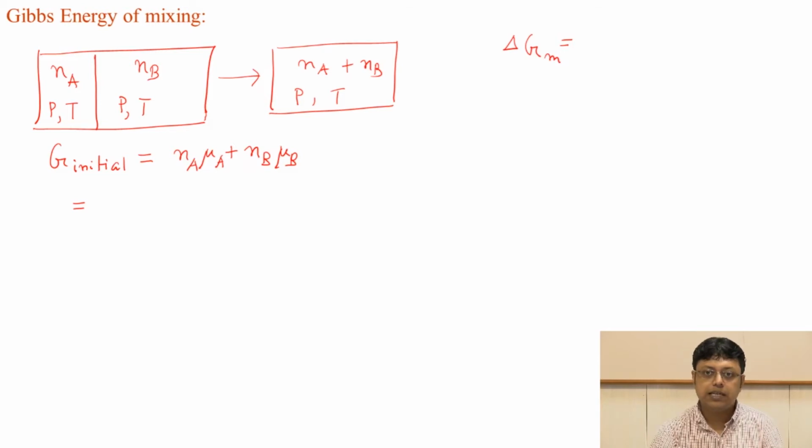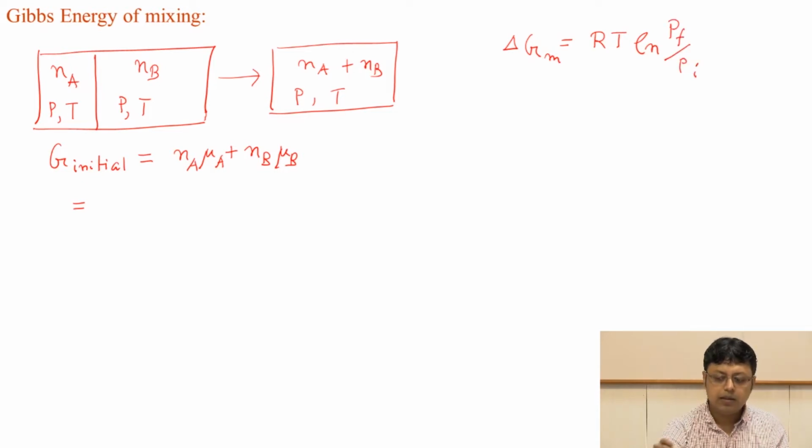When we discussed the changes of Gibbs free energy as a function of pressure and temperature, we got an equation where we used an ideal gas as an example, and you can easily show that it will be RT ln(P_f/P_i), because it is nothing but the VdP term, and this V you write in terms of nRT by P. If you divide both sides by n, this G becomes Gm, the molar Gibbs free energy, and if you integrate it, you easily get this equation, P final divided by P initial. So delta G is nothing but G final minus G initial.